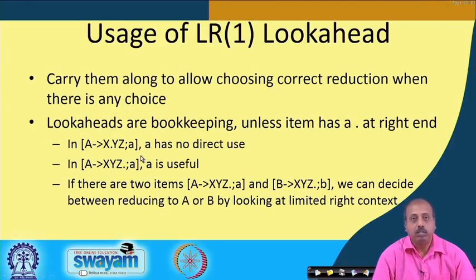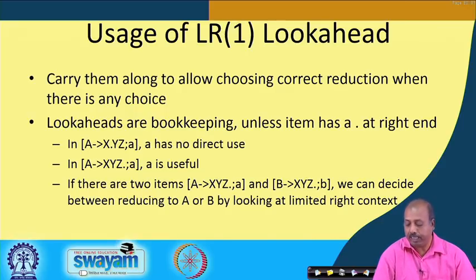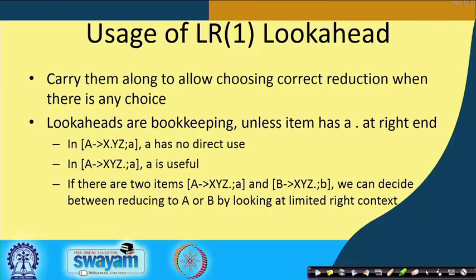So for most of the time, this is like a baggage that we carry with the items. These look ahead items, we carry them along to allow choosing the correct reduction when there is any choice. This look ahead will be particularly useful when we have a confusion in the reduction process.